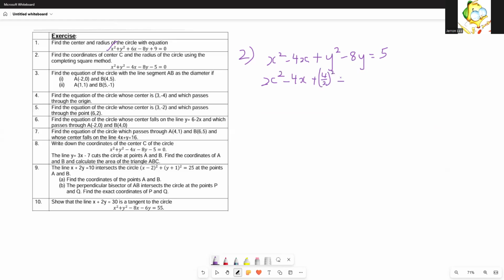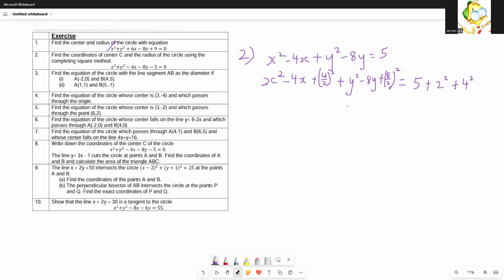For y, this is going to be y squared minus 8y, plus (8 over 2) squared. This is what we have added to complete the square. And because you add something on the left-hand side, on the right-hand side we convert them straight away over here. This is what we are expecting it to be.